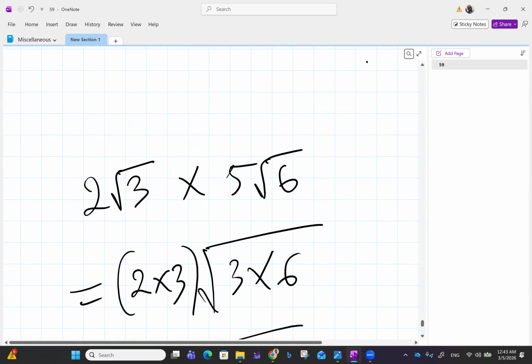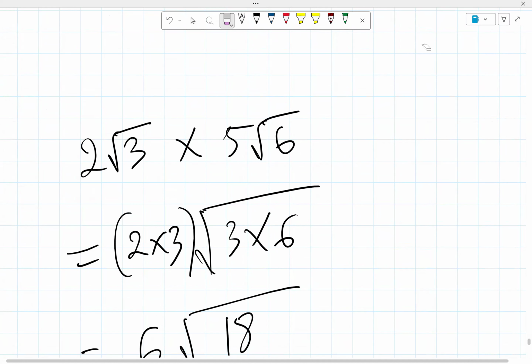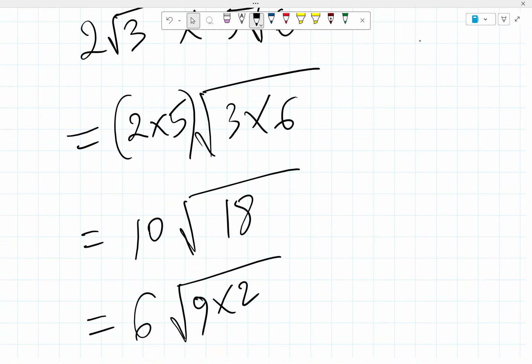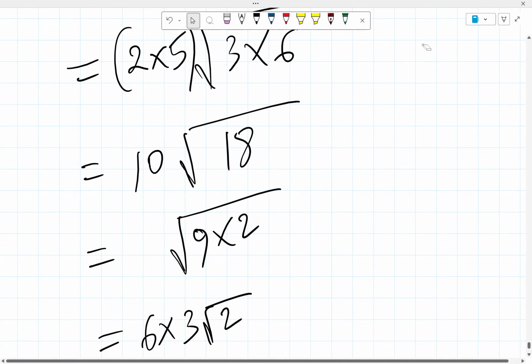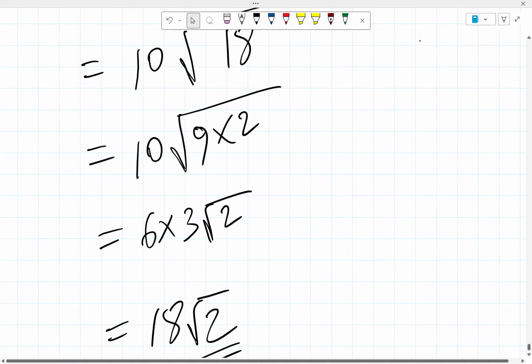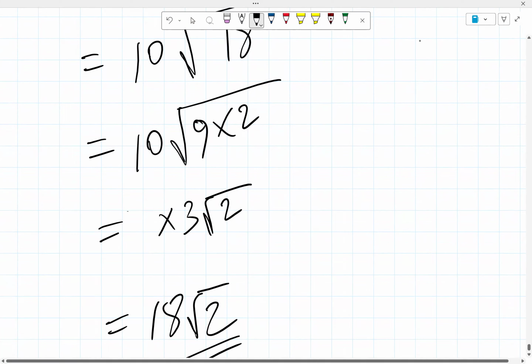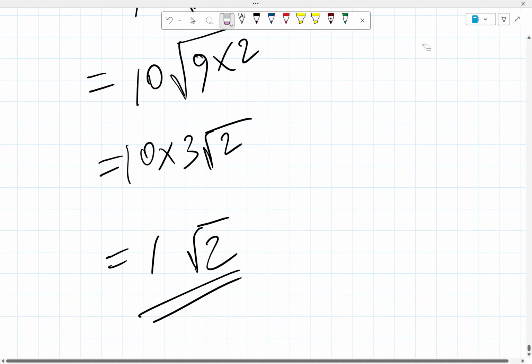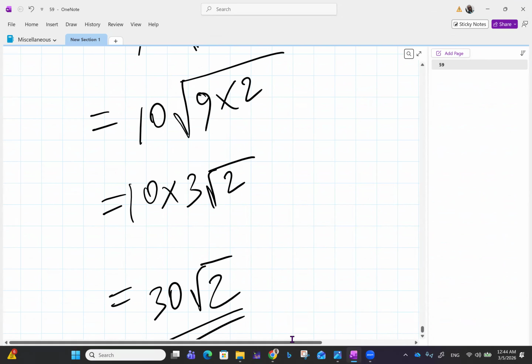Oh, this is 5 actually. It's my fault. So this is 2 times 5, and 2 times 5 is 10. So this is now 10, not 3. So this is 10 times 3, and 10 times 3 is 30. So let's be careful. That's 30 root 2 there.